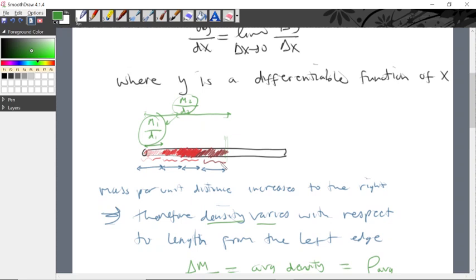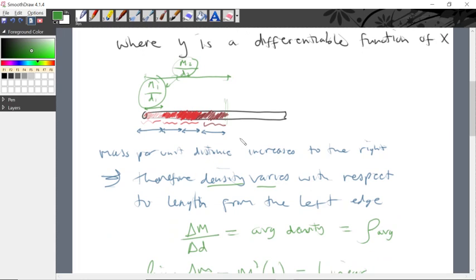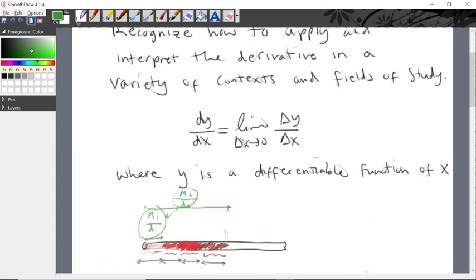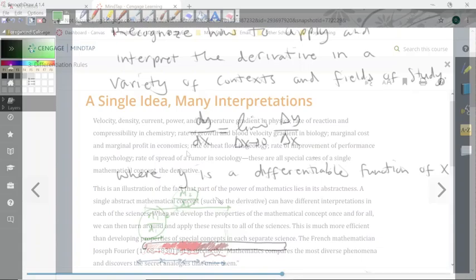First we need to be able to determine the total mass of the rod, which, if it is varying continuously along the length of the rod, we would want to add up the masses among a whole bunch of little segments of the rod. That would need to be done through use of an integral, which we can look at later in the course and in your future courses as well. Center of mass has a variety of applications as well.